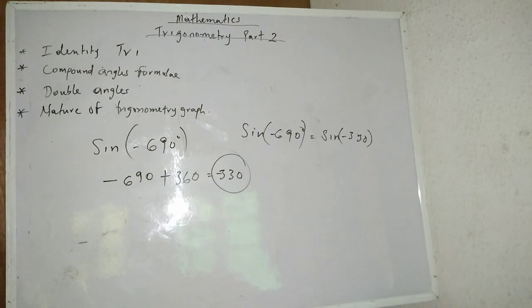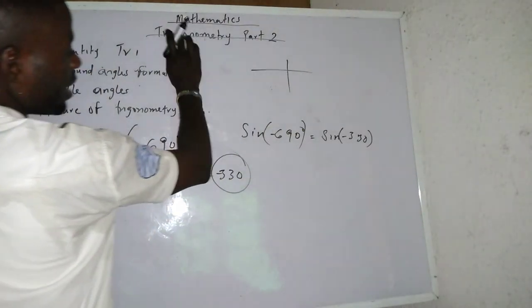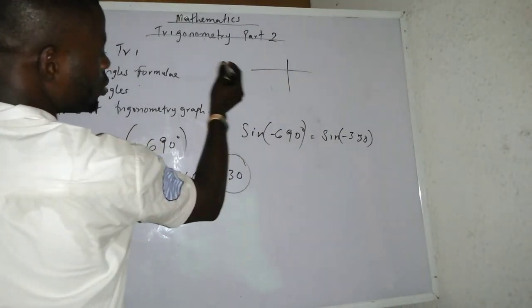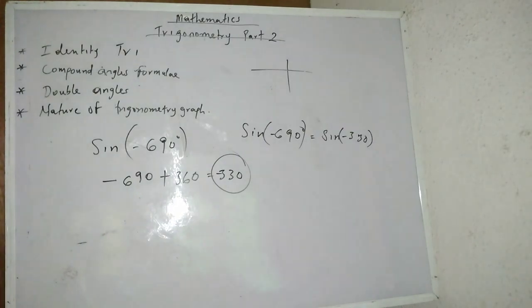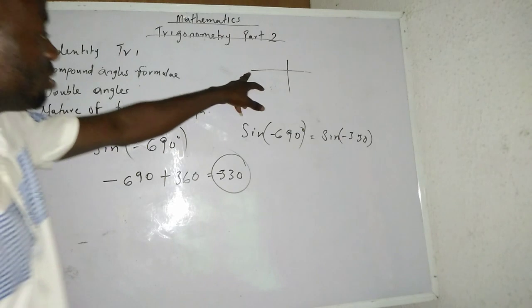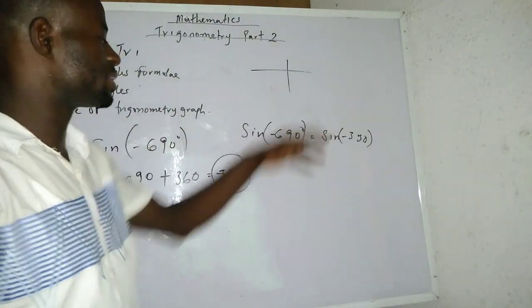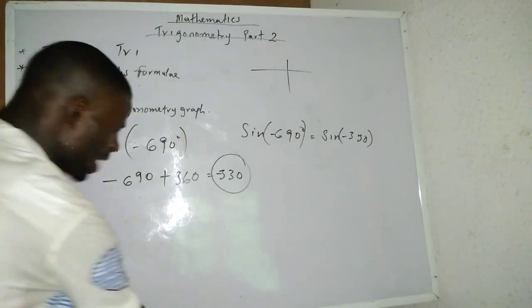We have explained the quadrants before. Sine is negative in the third and fourth quadrants, so it is positive in the first and second, between 0 and 180. It will never be positive between 180 and 360, because sine is negative there.